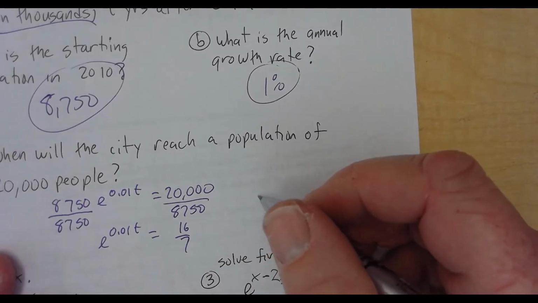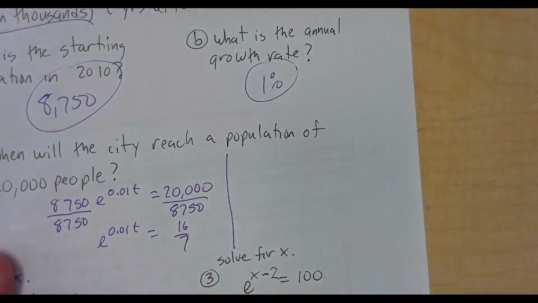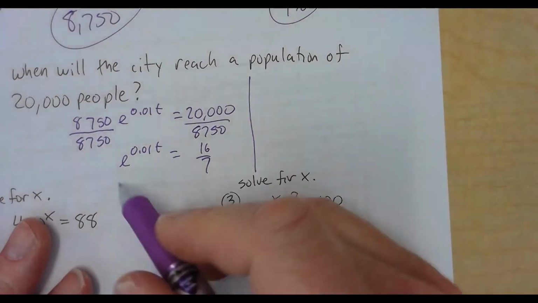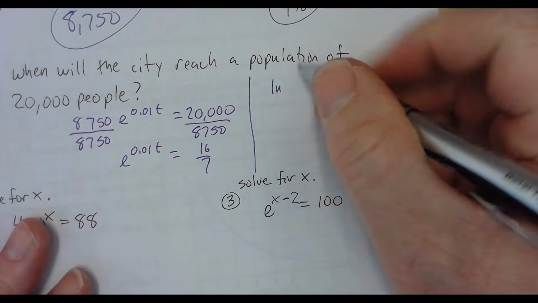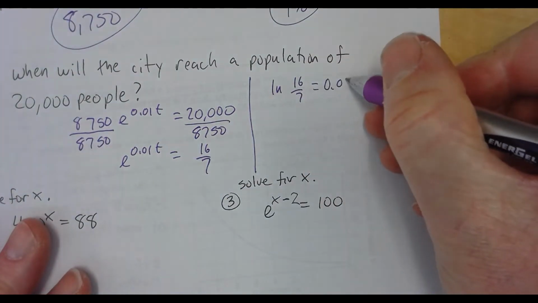All right, so now we're going to base e it up. I'll draw a line there to show that I'm going over here. And so it's log base e, so I write natural log of the fraction 16/7 is equal to 0.01t.